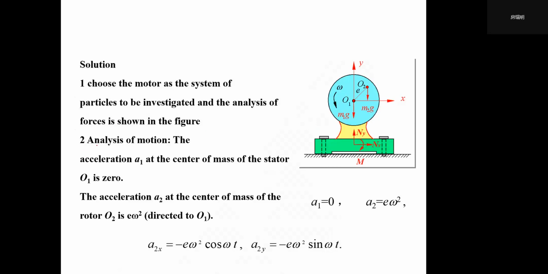And the second step is analysis of motion. Actually, here is one method we have mentioned. We can think of this system as a system of bodies with two bodies. One is O1, right? And another is O2.